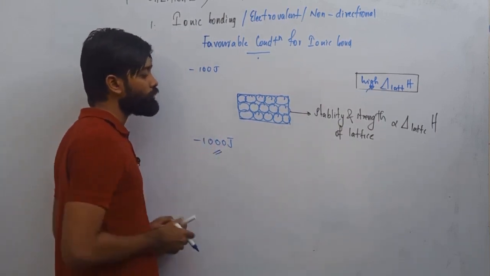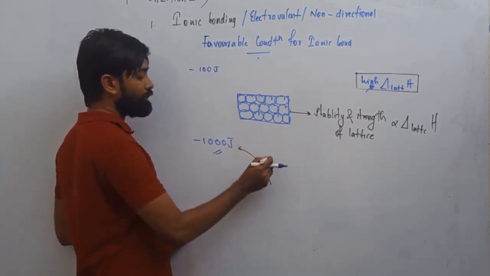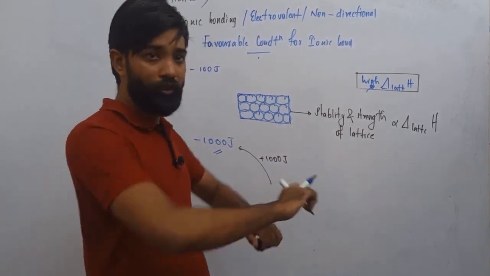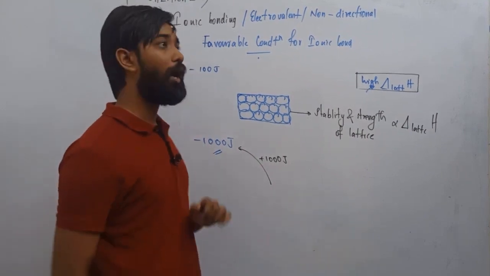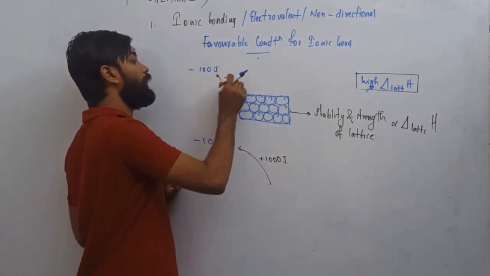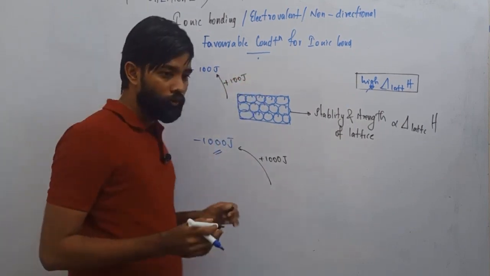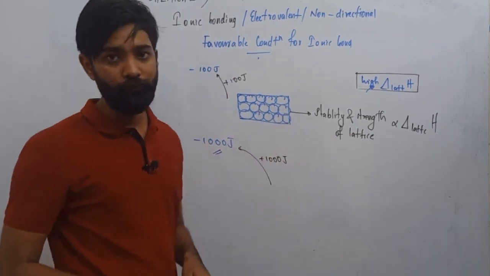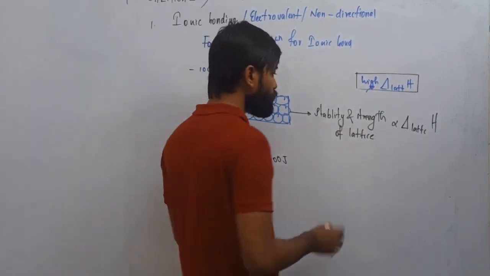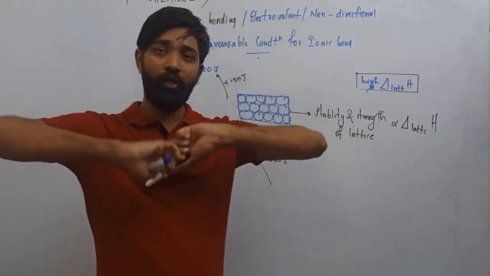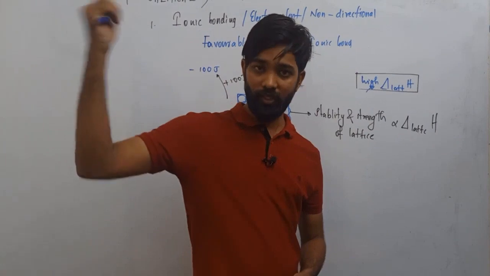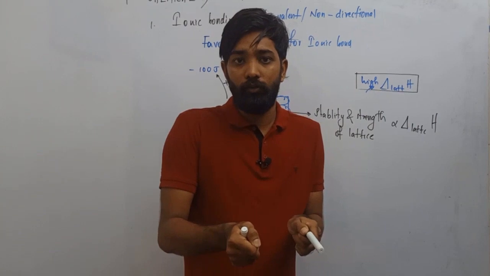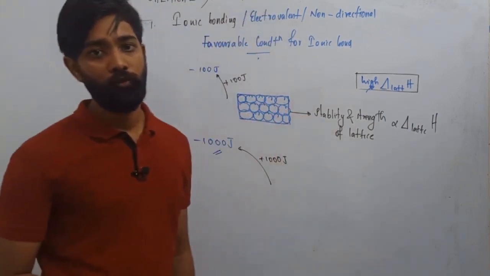The second is the strong lattice, because plus 1000 joules must be absorbed by that lattice from the external surroundings for it to break, whereas here only 100 joules are required. So lower lattice energy means lower lattice strength. If a greater amount of energy is released once a lattice is formed, the lattice has to absorb that much energy to break. Up to that, the lattice is stable.